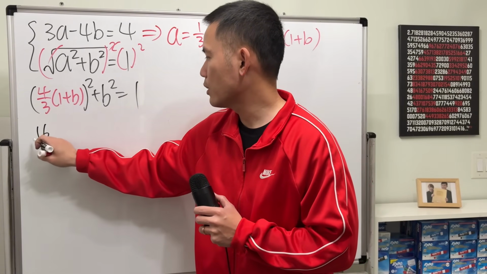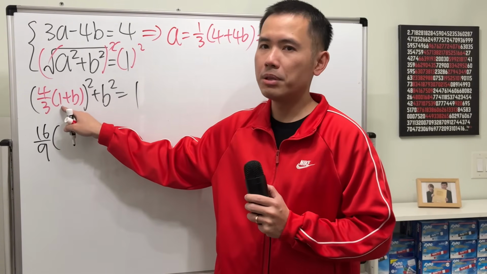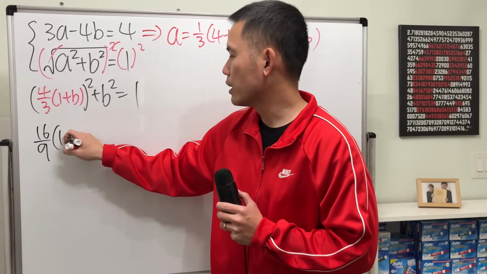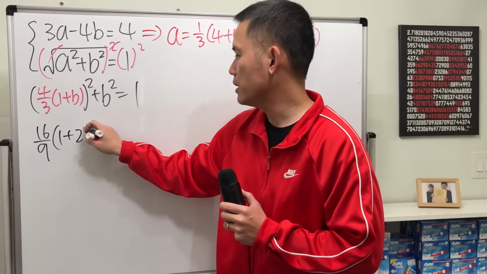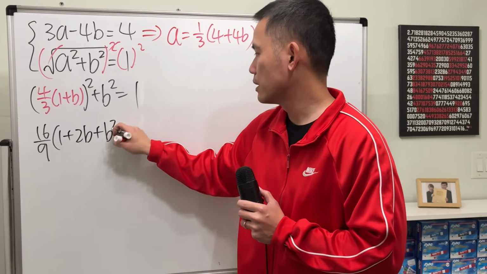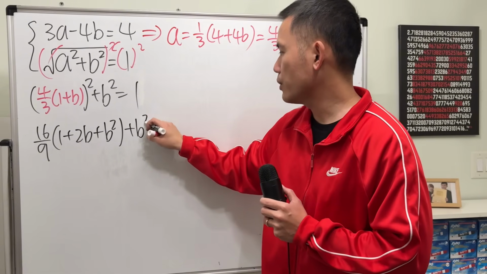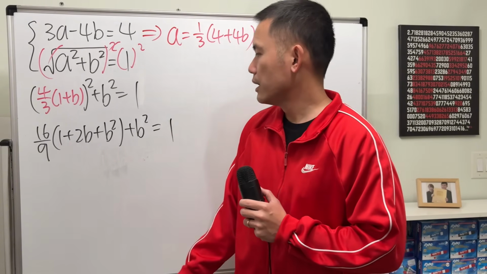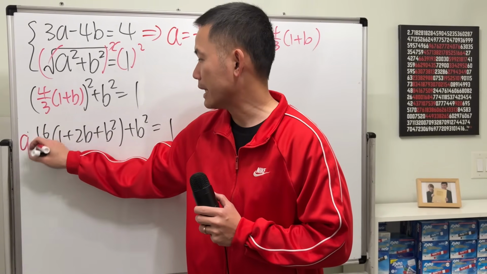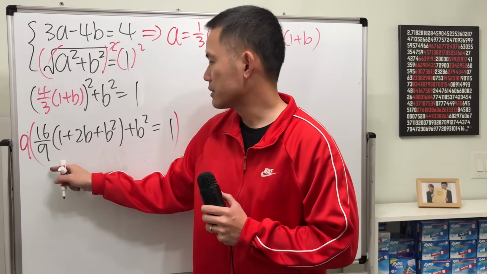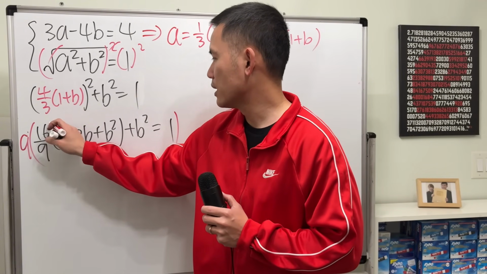Alright, so I will square this. We have 16 over 9, and square 1 plus b, you get 1 squared plus 2 times this and that, which is 2b plus b squared, and then plus b squared, which equals 1. Now I will multiply both sides by 9. So 9 times 9 cancel, but in the meantime I'll distribute the 16.